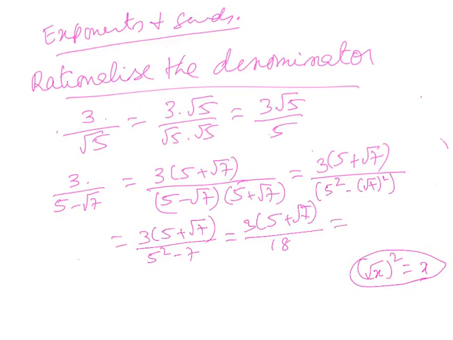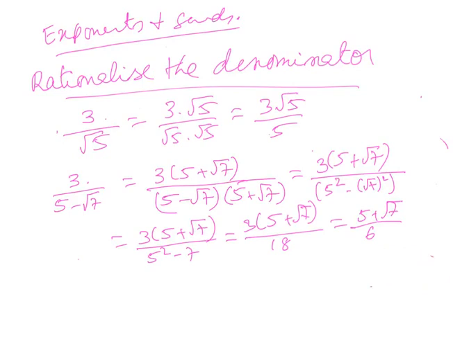Which I can simplify as 5 plus root 7 divided by 6. It's supposed to be 6. Yes. So this is how we simplify surds, which we call rationalizing the denominator.